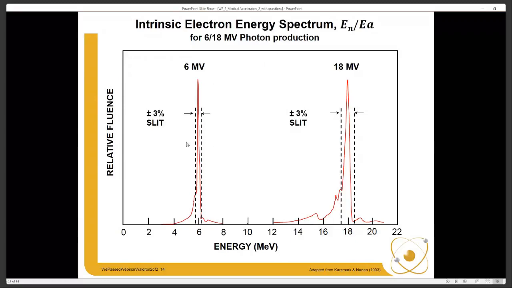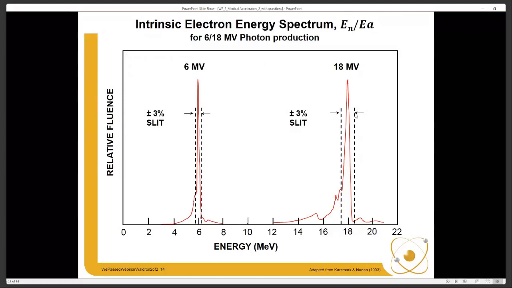But of course, the effect of the energy slit is going to be limiting that portion of the spectrum which might leave the bending magnet to between this pair of dashed lines. And that's the 3% limits presented by the energy slits in the bending magnet. Over here on the right, we've got what eventually will be an 18 MeV electron spectrum.